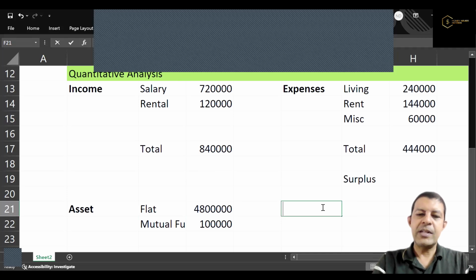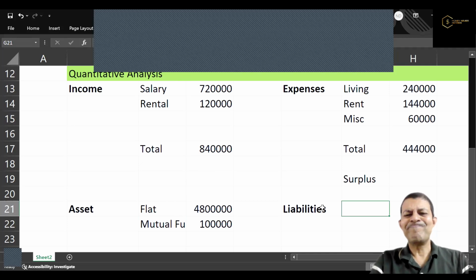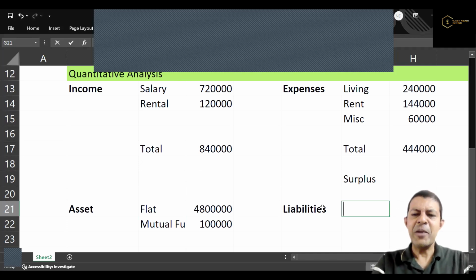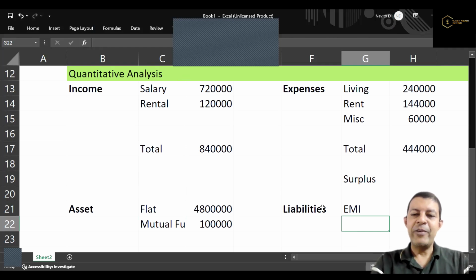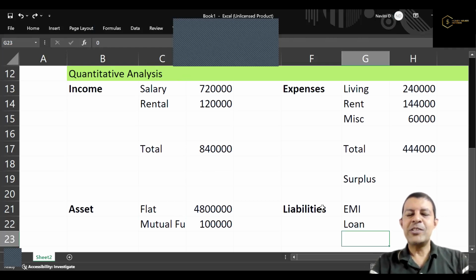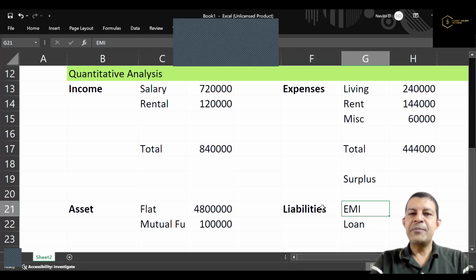And now let us see his liabilities. He has nil EMI being paid, so no liabilities as of today. He doesn't have any loans to be paid. For the sake of simplicity, we'll assume there are no liabilities. However, it's not going to be the case in many cases. If he's paying any EMI, then this EMI will be considered as part of the expenses.